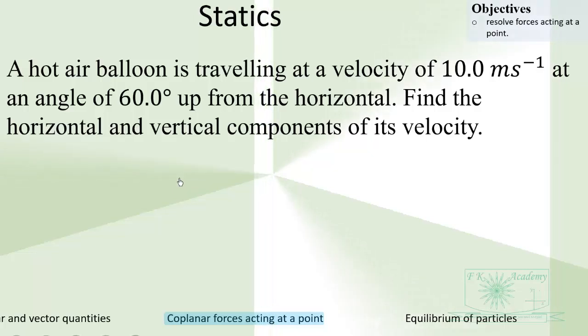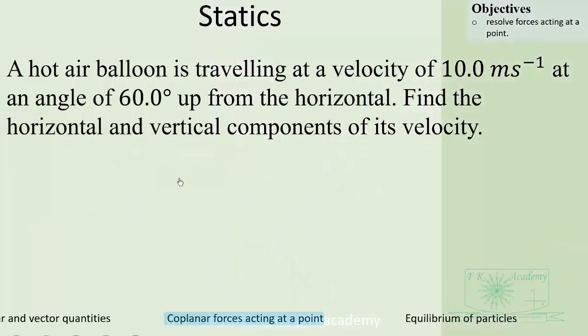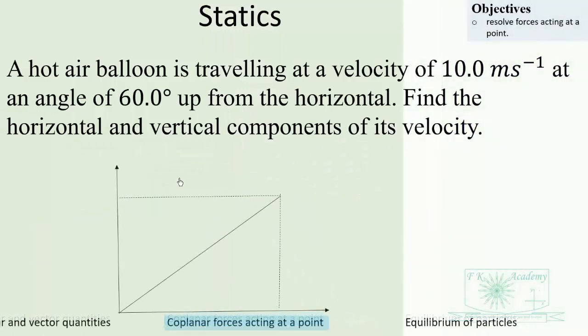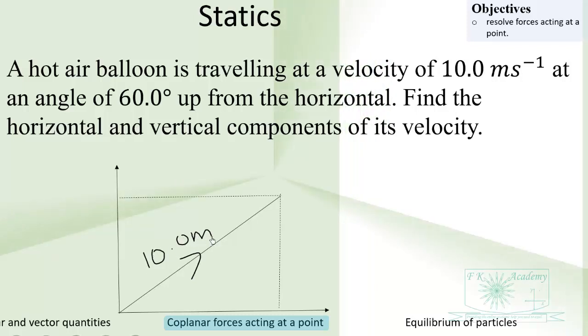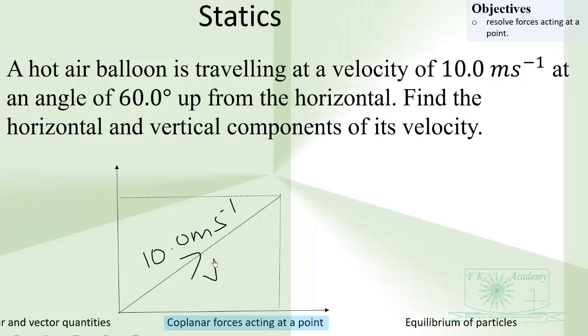So remember, velocity is a vector quantity. So let's have a diagram like this. So this is our velocity. The magnitude is 10.0 meters per second. So that's the velocity. So it has a horizontal component here, and it also has a vertical component.